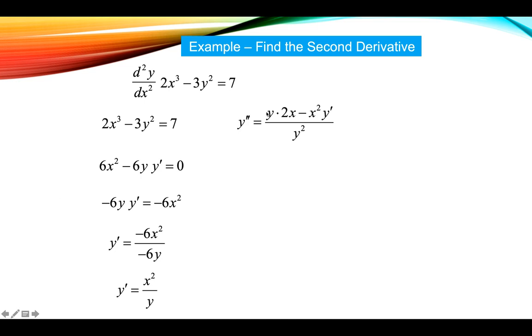So we're going to have low d high, okay? So y times 2x minus high, x squared, d low, since it's just plain old y, and the derivative with respect to y is 1, times the derivative with respect to x, y prime. And then we square whatever's down below, so we have y squared using the quotient rule.